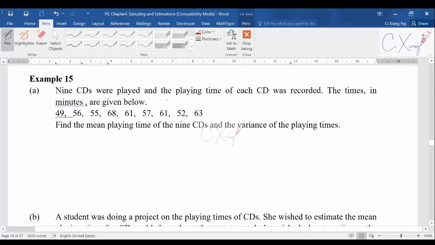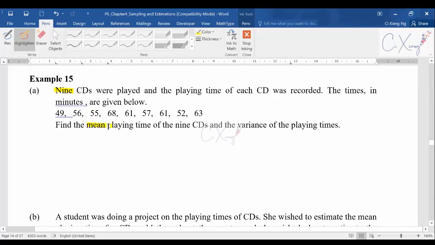For me, I will straight away continue the discussion here. For example 15, there are 2 parts. Here they say there are 9 CDs, and they record the time. The times in minutes are given below.